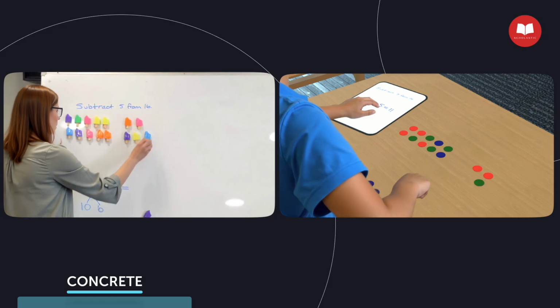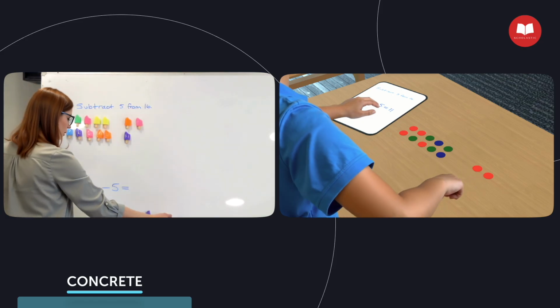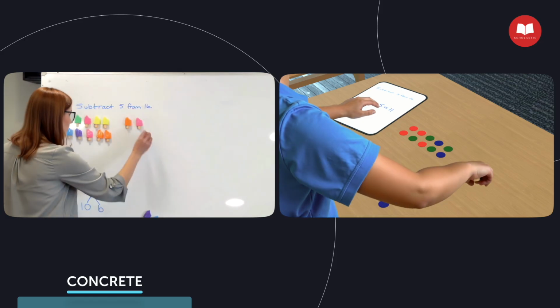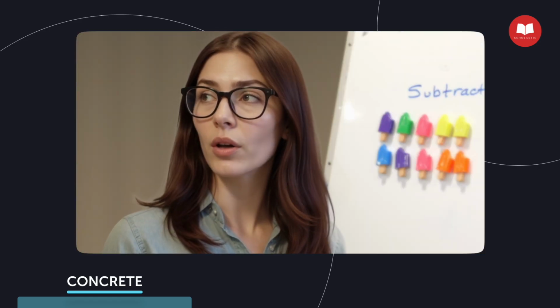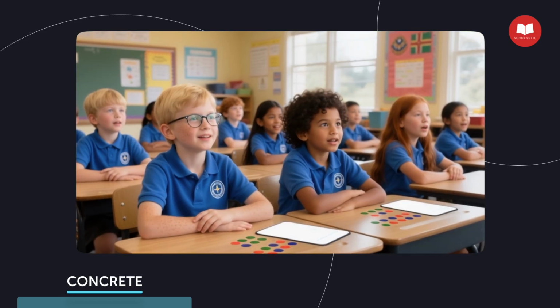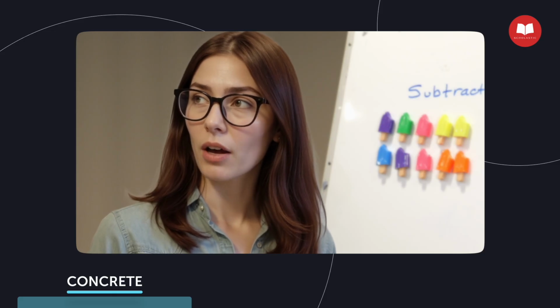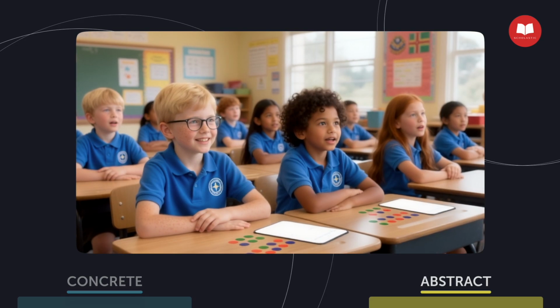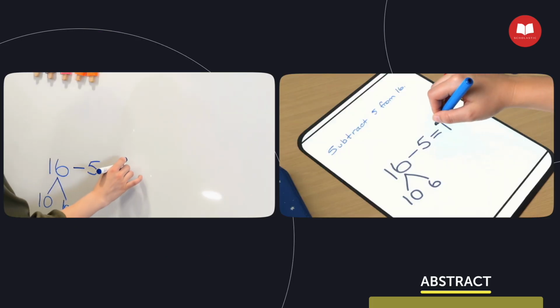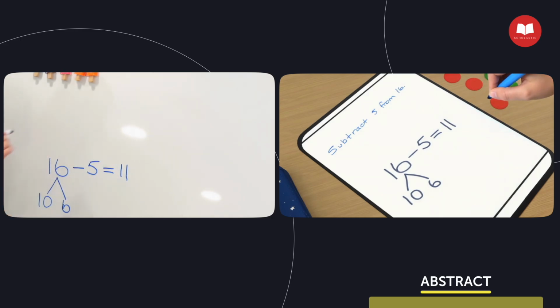I take away 1, 2, 3, 4, 5. So what is left after we take away 5 from 16? 10. And what else? 1. So what do we get when we subtract 5 from 16? 10 plus 1 is? 11. Let's finish our number sentence. 16 take away 5 is equal to 11.